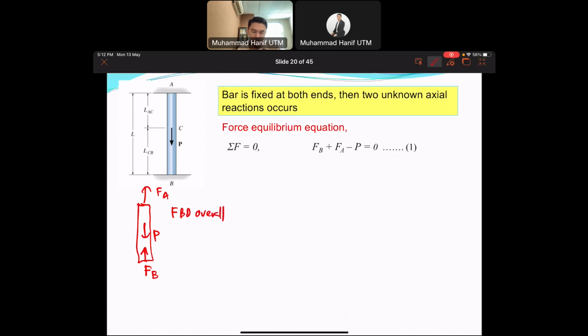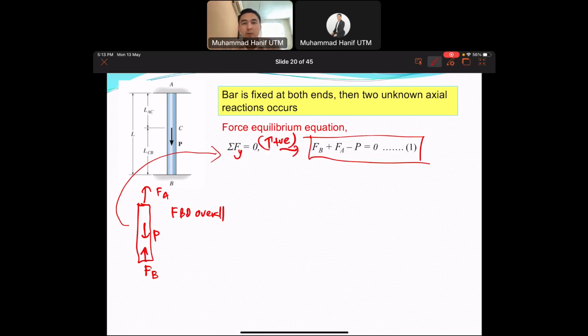From the overall FBD, you can generate the equation using the equilibrium equation. For the y-axis, upwards should be positive, and you will get this formula: FB plus FA minus P equals 0. So this is the first equation.